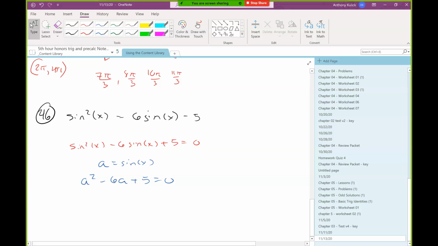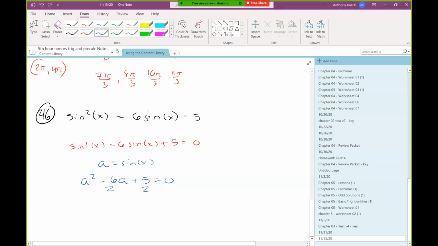So the ways to solve a quadratic, where you have both squared and non-squared terms, like this one, you're either going to factor it or use the quadratic formula. Now, since the leading coefficient is 1, if it's factorable, it's going to be really easy to factor it. So let's try to do that. So we need two numbers that multiply to give us positive 5 and add to give us negative 6.